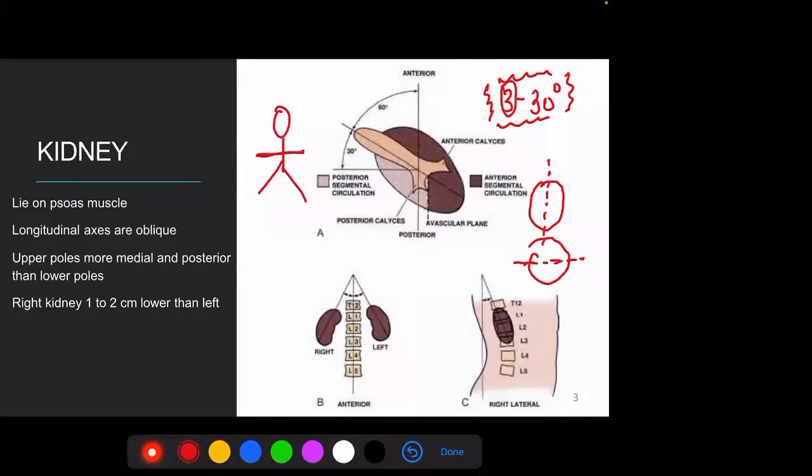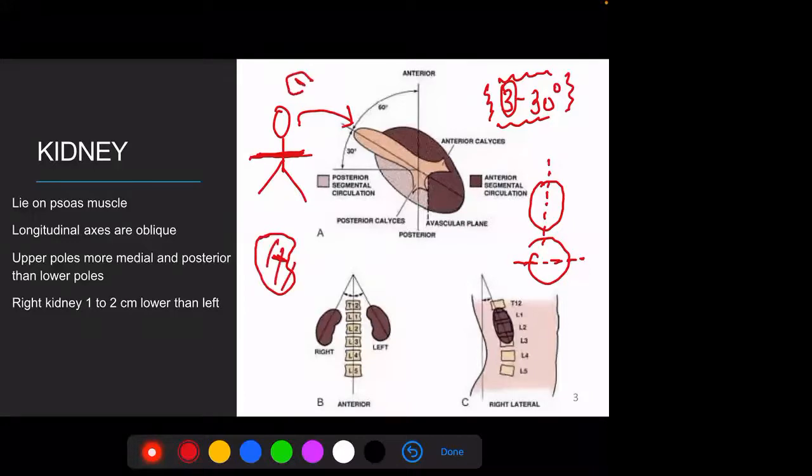So when we take the axial section in the CT scan, we see that the kidney is aligned not like this. This is a cut section of the kidney in the axial plane, so the kidney in the axial plane is aligned more towards a 30-degree angle.